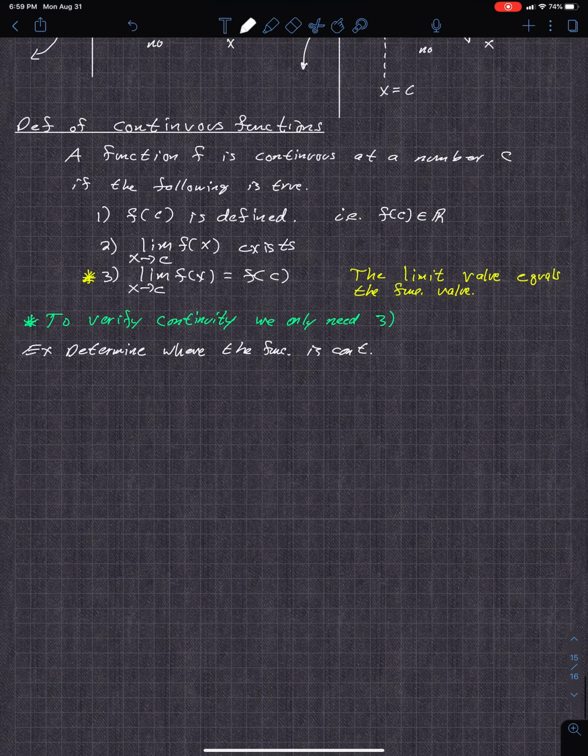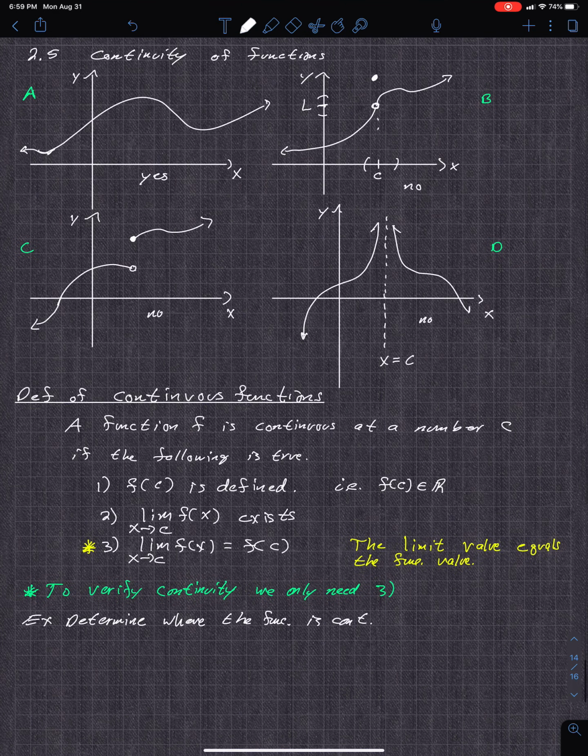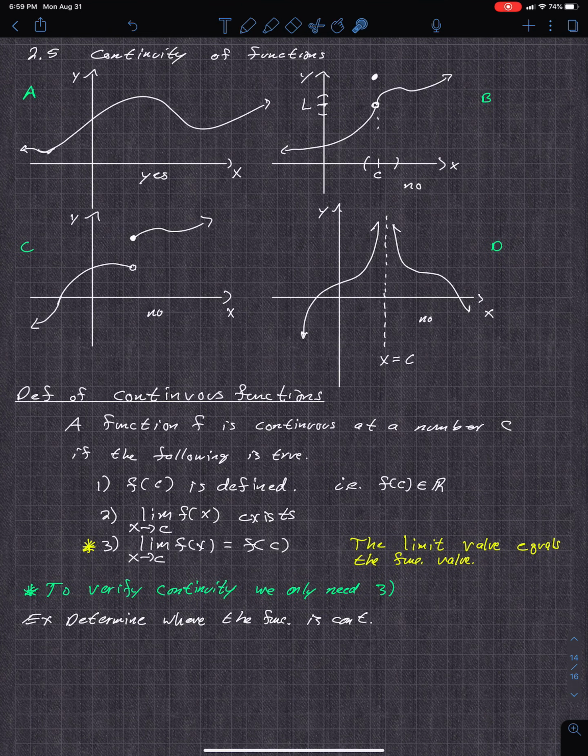Actually, let me go back. I almost forgot. Let's go back to this one. So just hold on to that for a second. So A is continuous, nice and smooth, no breaks in the graph. But B, what's the problem? What does it violate? f of c is way up here, so it's not the limit value.